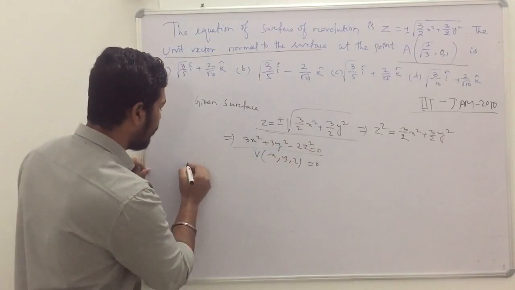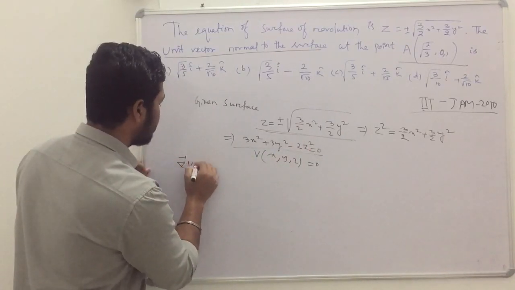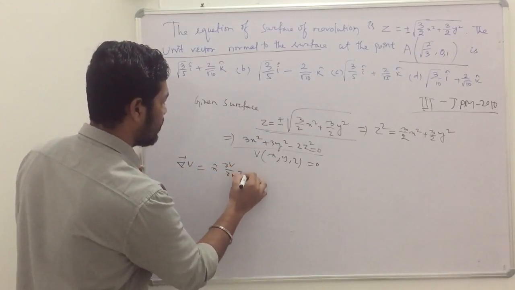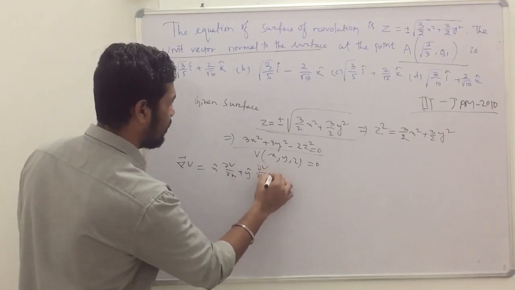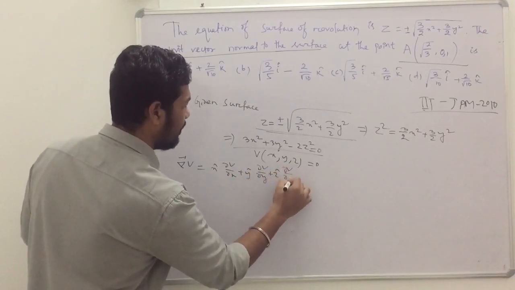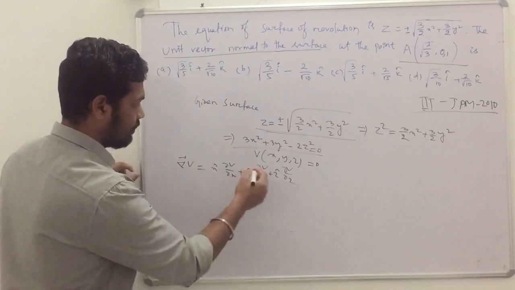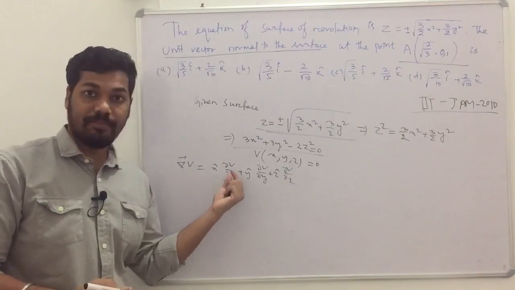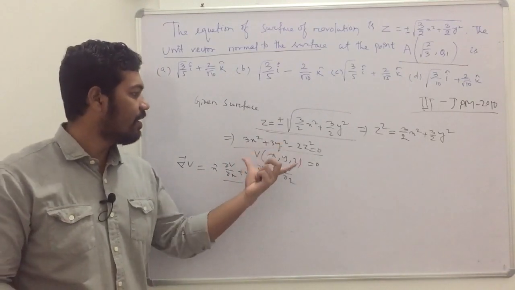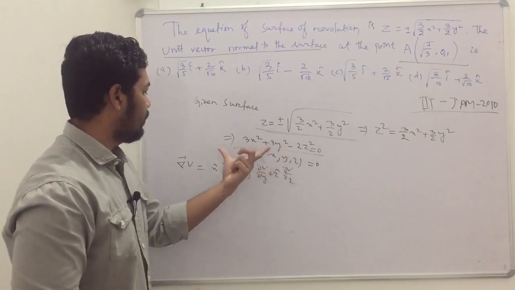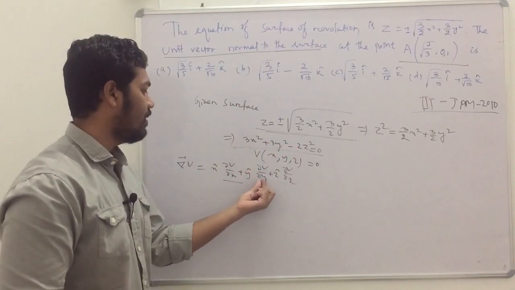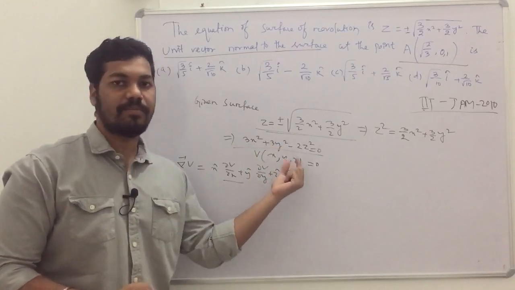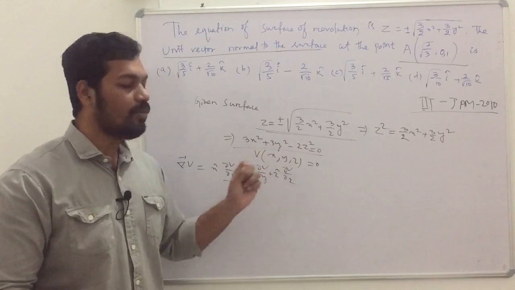Grad v you can find using the formula x cap del v upon del x plus y cap del v upon del y plus z cap del v upon del z. Del v upon del x is the partial derivative of the scalar function v with respect to x, del v upon del y is the partial derivative of v with respect to y, and del v upon del z is the partial derivative of v with respect to z.